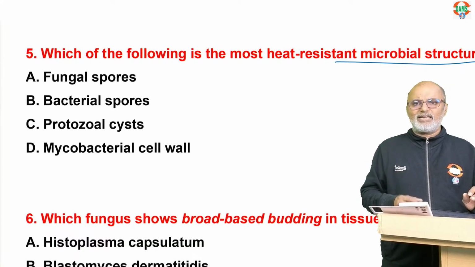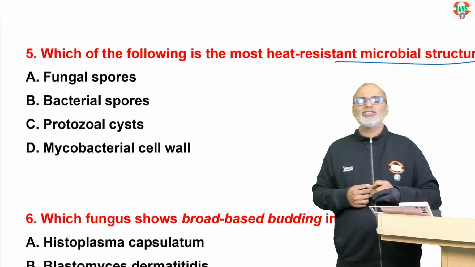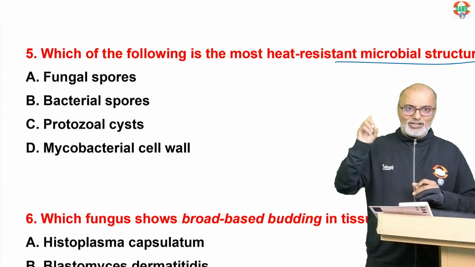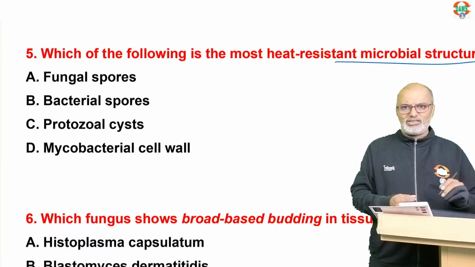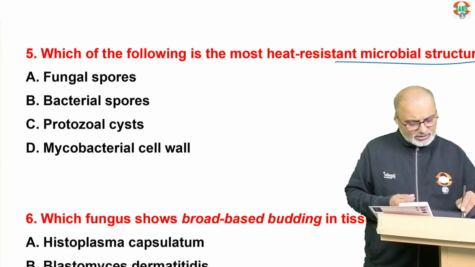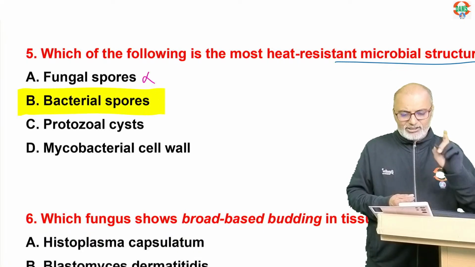For example, enveloped viruses, even 50-60 degrees you can kill them. In case of spore, more than 100 degrees you need. In case of prion, more than that. So you should know the different structures. Most heat resistant among the structures is bacterial spores, not fungal spores.